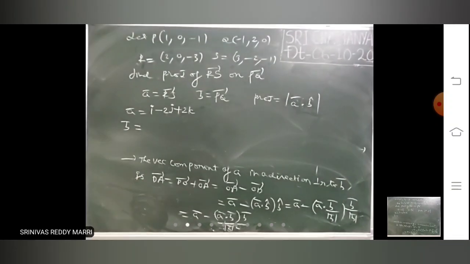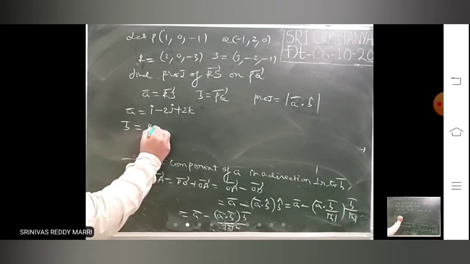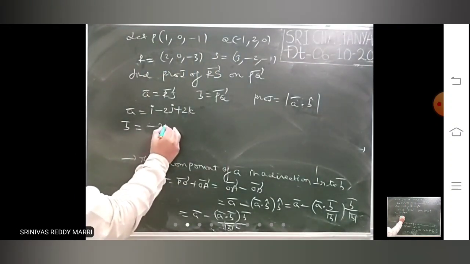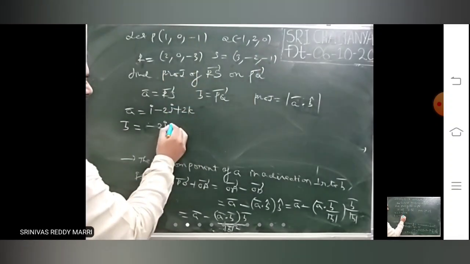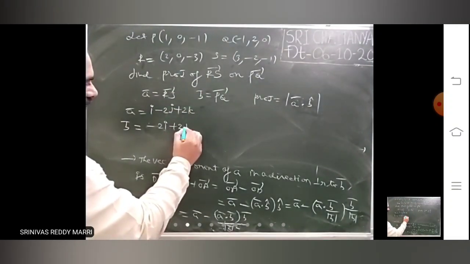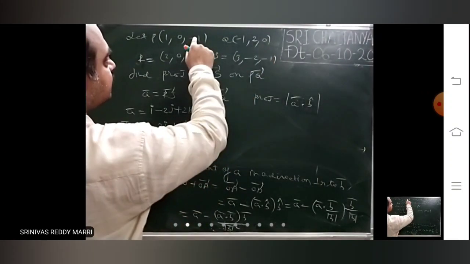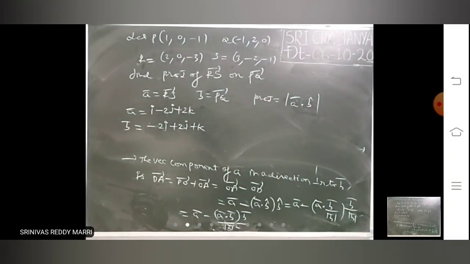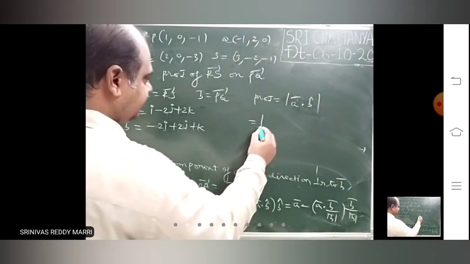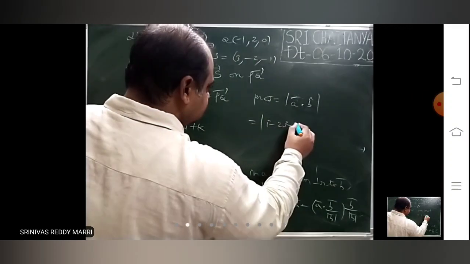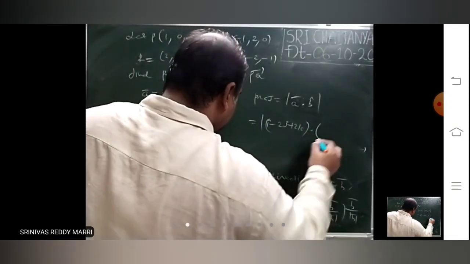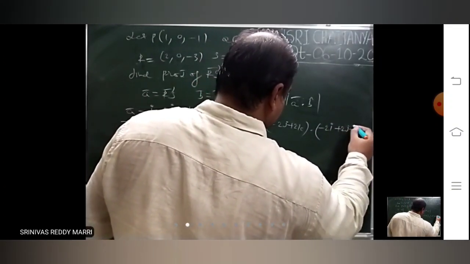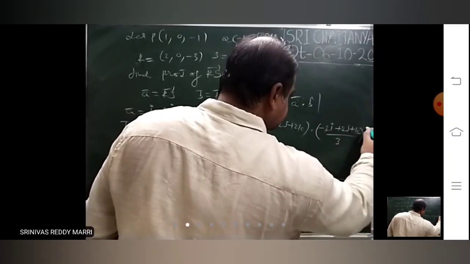Then B bar is nothing but PQ bar, which is OQ bar minus OP bar: i minus 2i is minus i, 2j minus 0j is 2j, 0k minus of minus k is k. So projection is nothing but A bar, i minus 2j plus 2k, dot the unit vector in the direction of B bar, divided by magnitude, which is 3.